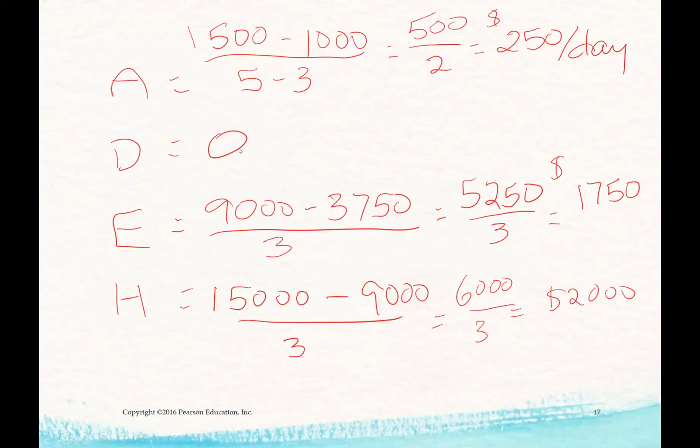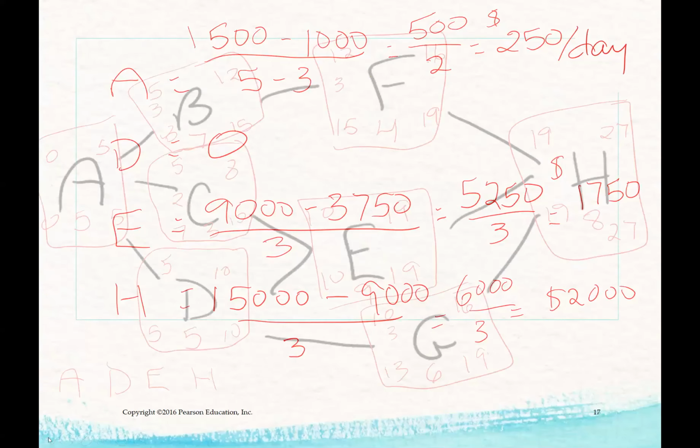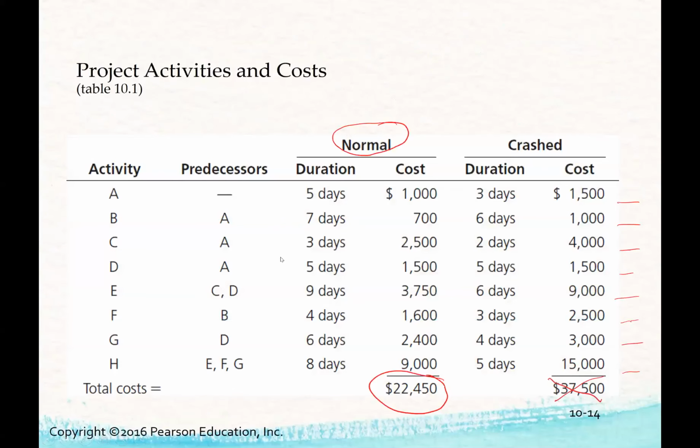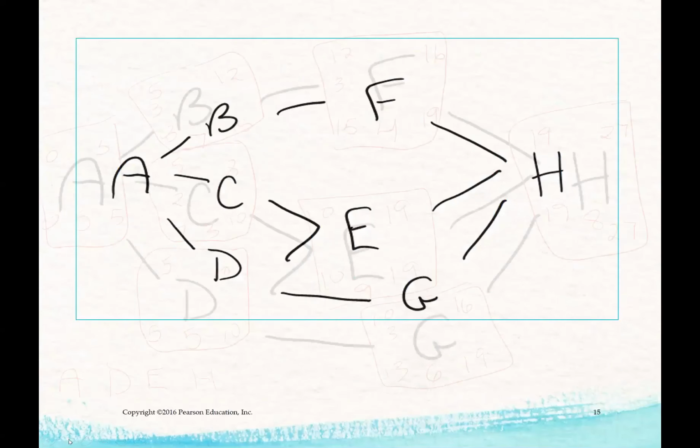Pretty expensive. D is going to be 0 because we have 5 minus 5. There's no actual change in the duration, and therefore there would be no change in cost. Just to show that to you with D: 5 days, 600, 1,500. So we don't have to worry about D in this case.